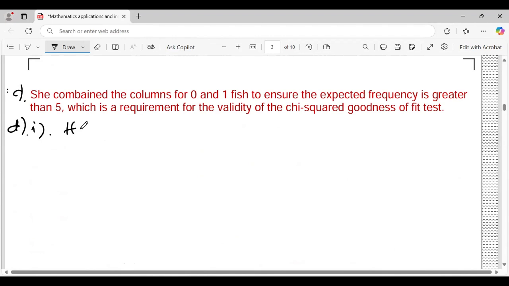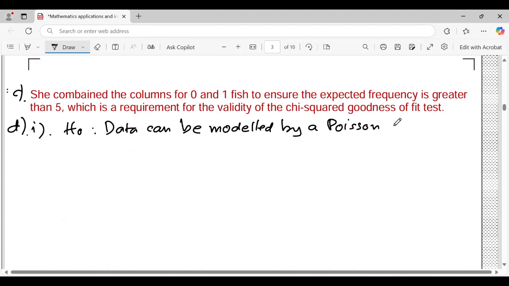The null hypothesis is that the data can be modeled by a Poisson distribution.